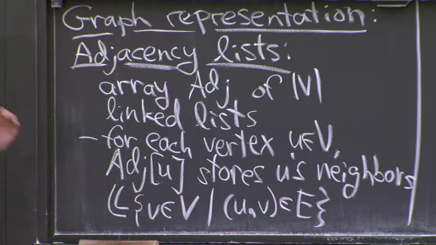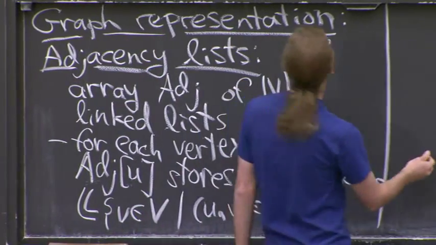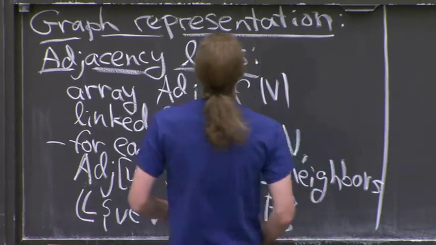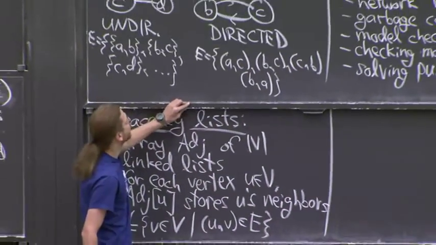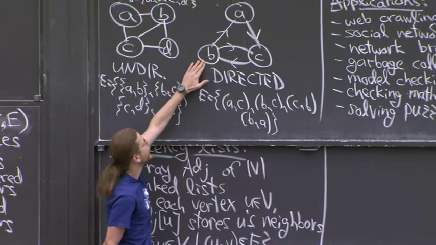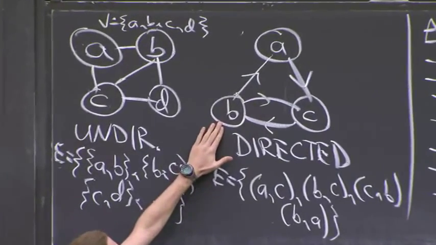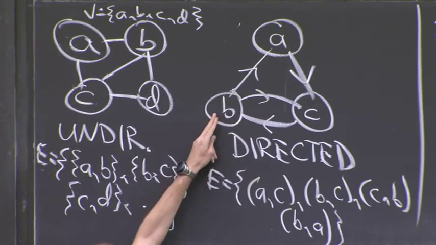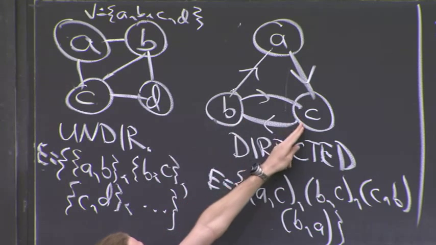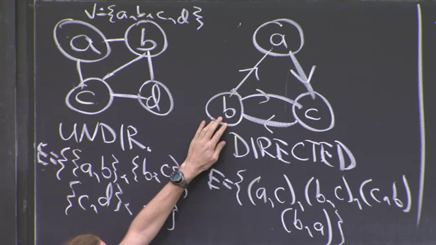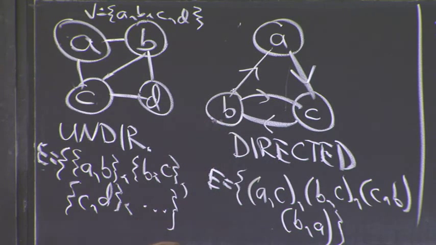OK, so if I have a vertex like b, ADJ of b is going to be both a and c, because in one step there are outgoing edges from b to a and b to c. So ADJ of b is AC.